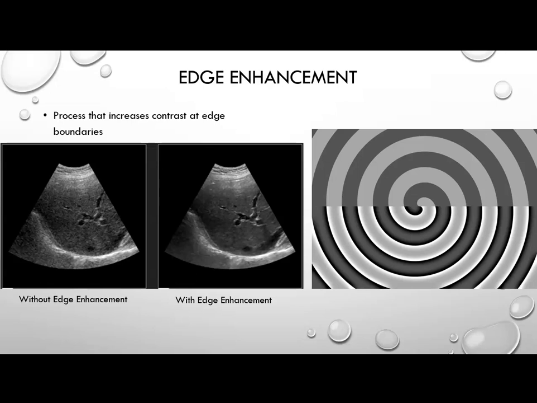All right. So when we're looking at edge boundaries, we see improved contrast at the edge. Okay. It doesn't necessarily improve our image much more, but it's a way of seeing edges slightly better. Can be useful.